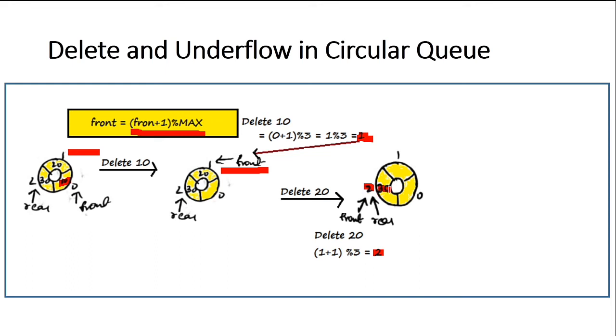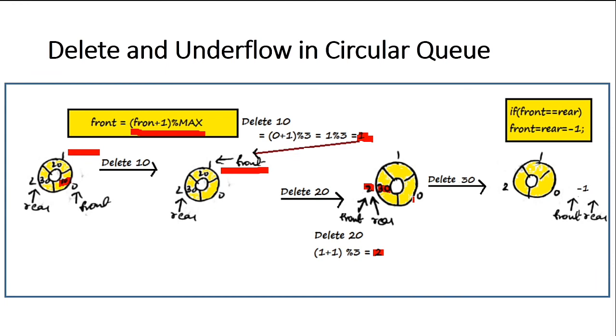Now once again, when you delete 30, this front will point to 0 now, right? Because when you do this, 2 plus 1, 3 mod 3 is nothing but 0. So front will be pointing to 0.